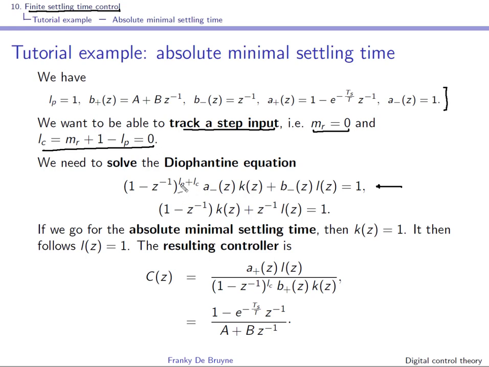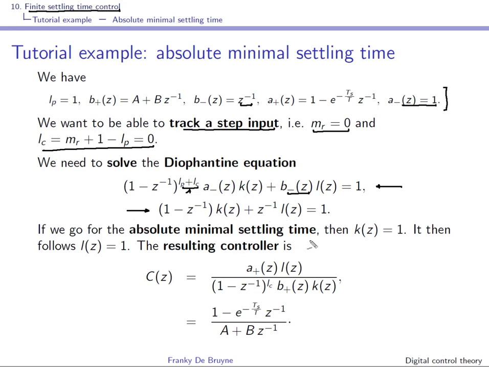Here we have LP plus LC, which is 1. A minus Z is 1, right? B minus is simply Z minus 1. So this Diophantine equation simplifies to the one that you see over here.